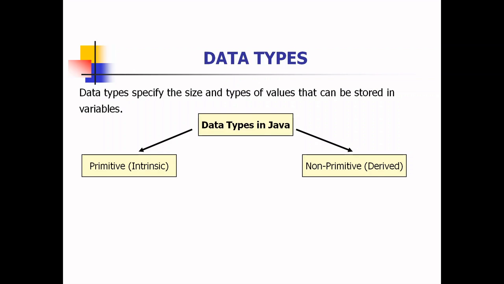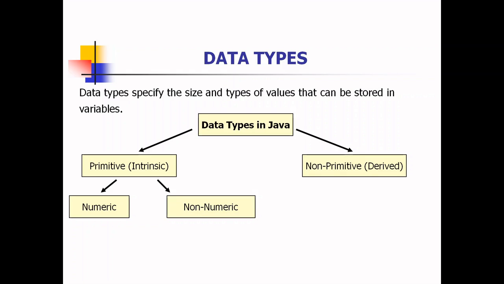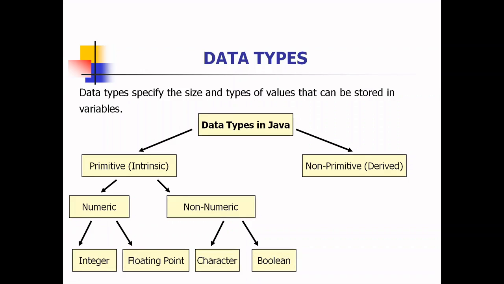In primitive data types, we have two subtypes. These are numeric and non-numeric. So in numeric, we have the types that is integer and floating point, whereas in non-numeric, we have the type that is character and Boolean.